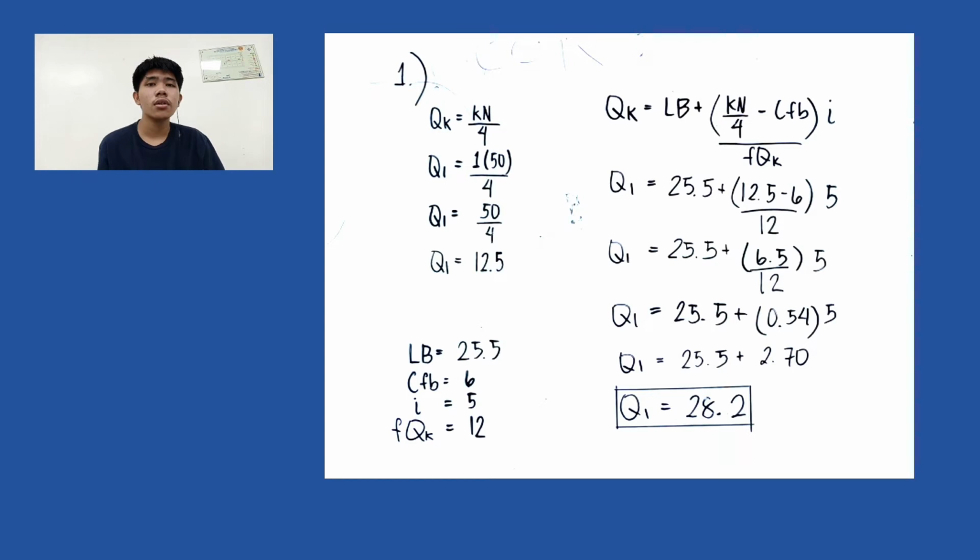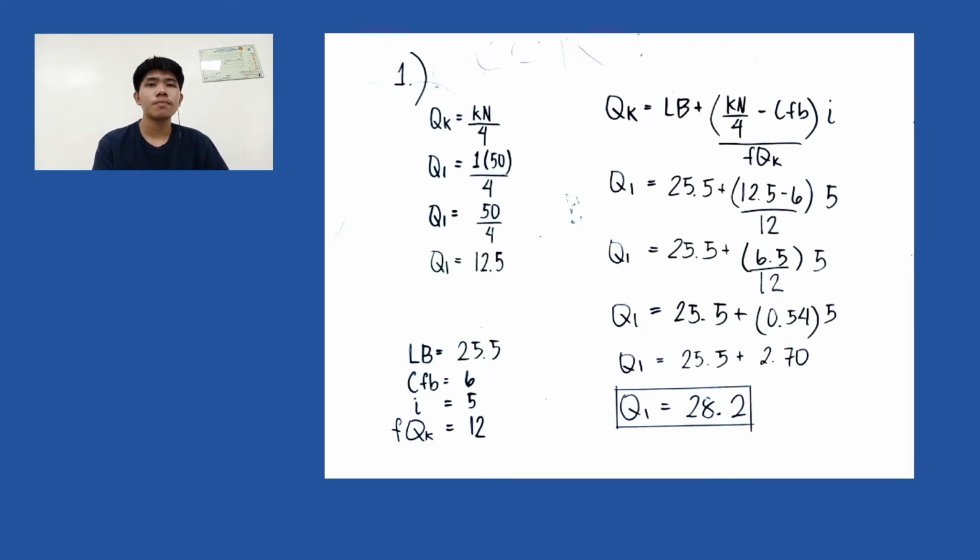And now, we are going to solve for our Q sub 1. For our solution, QK is equal to LB plus Kn over 4 minus CFB over FQK times I.